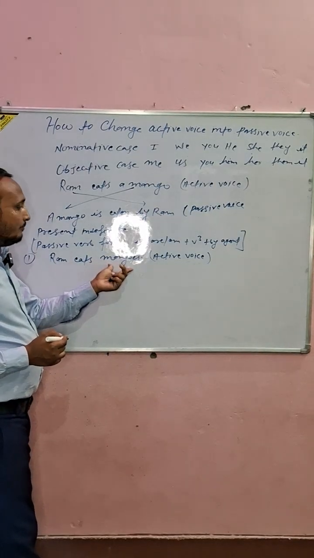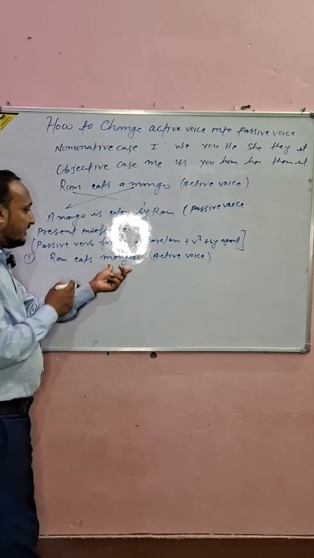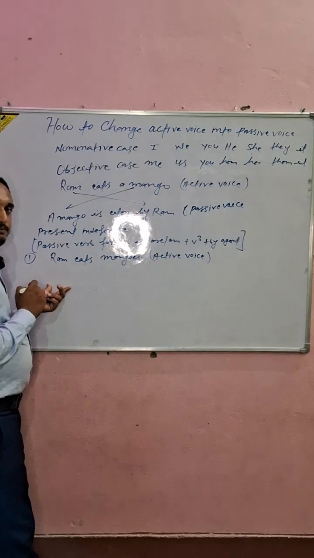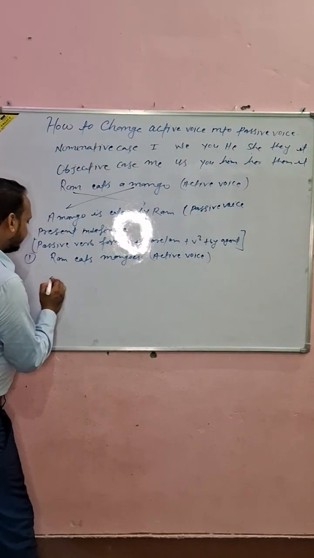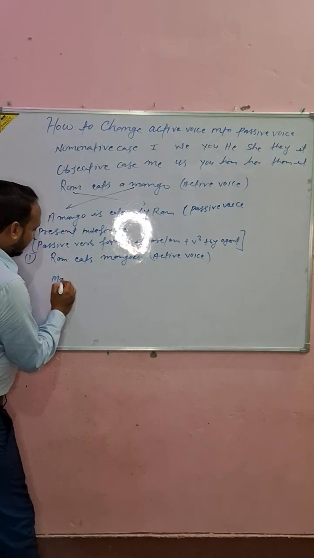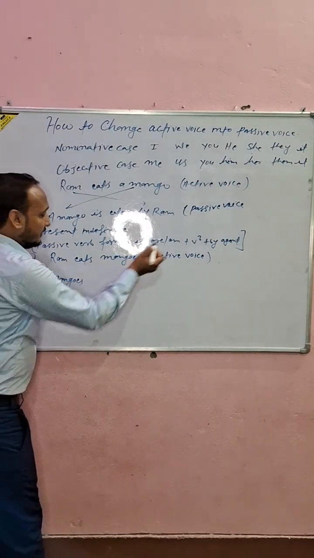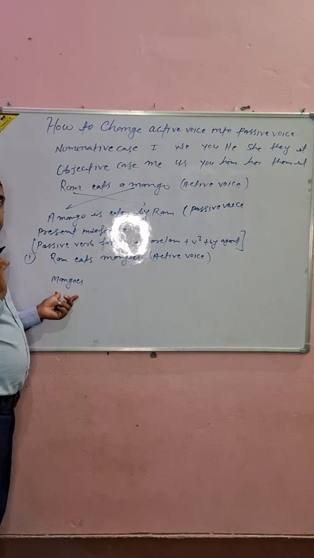Mangoes. Mangoes is the object of this sentence. It will be the subject of the passive sentence. So here we can write it. Mangoes. This is the plural subject.